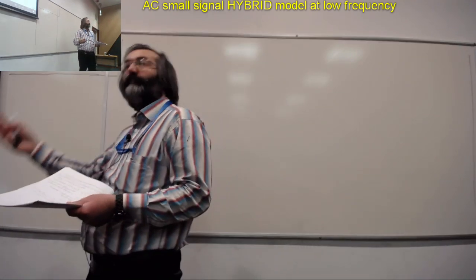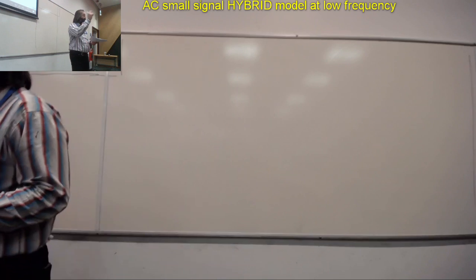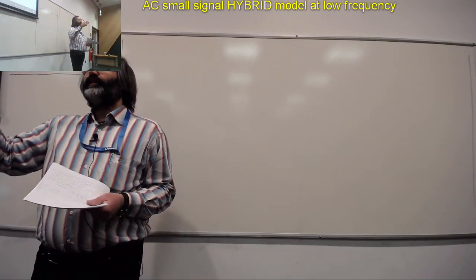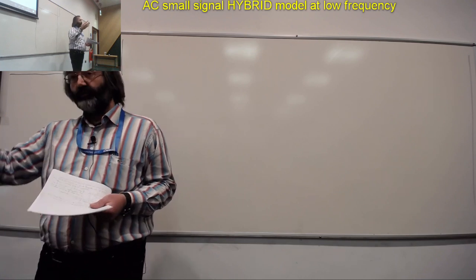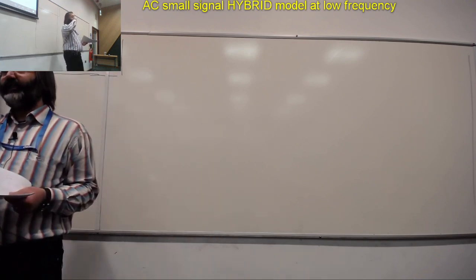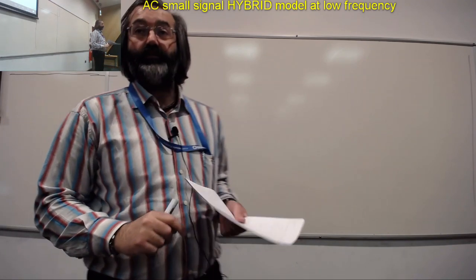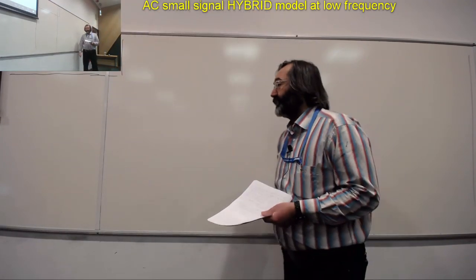So we will apply that here around the quiescent point. So the aim is to show how we can linearize this nonlinear component around the quiescent point, and then we demonstrate that this can actually be used to create amplifiers.